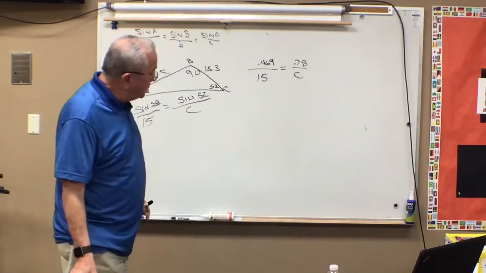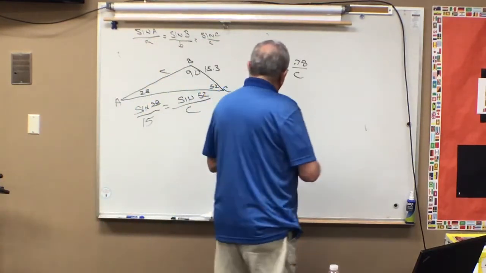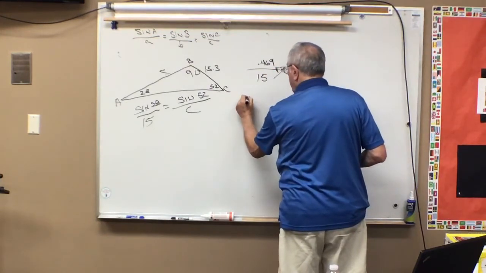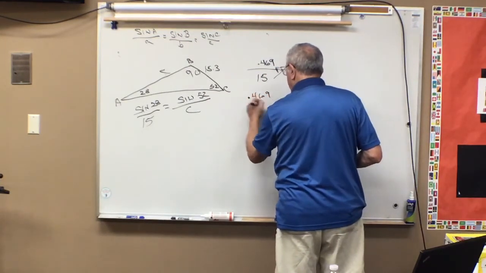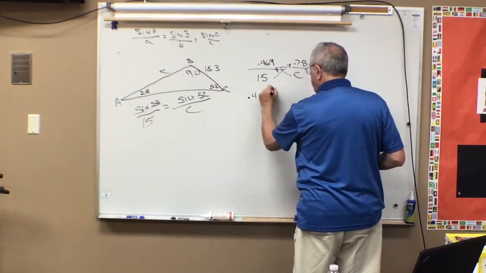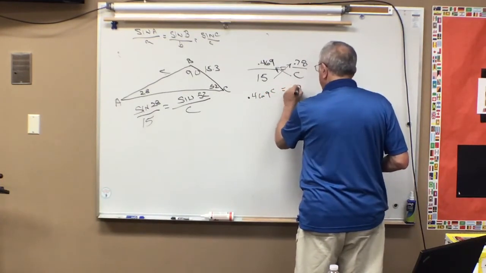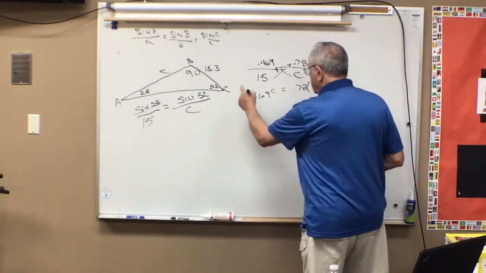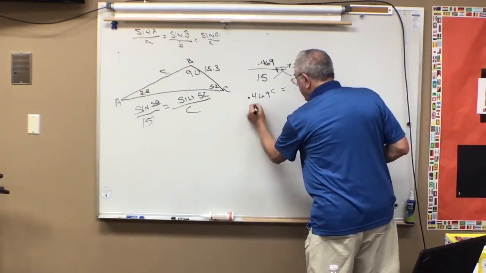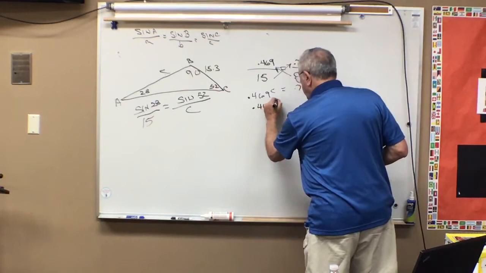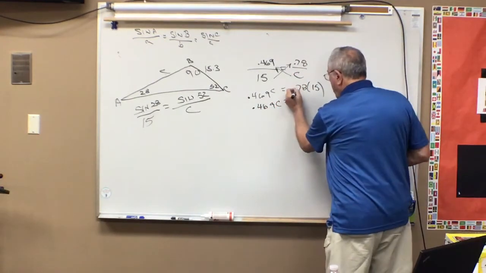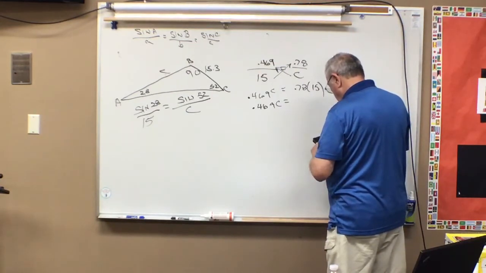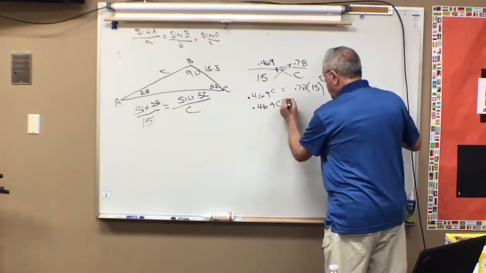So again, just for practice, what we're going to do, we're going to cross multiply, aren't we? So 0.469, correct? Times C equals 0.78 times 15, isn't it? Okay? So now I go 0.469C equals 0.78 times 15 equals 11.7.